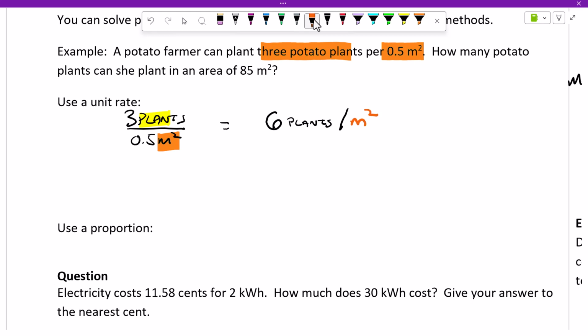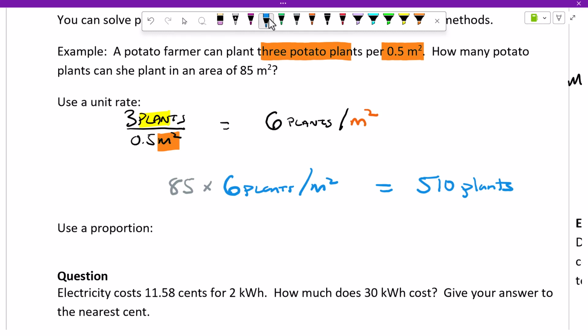If you have 6 plants in 1, so you go 85 times 6 plants per square meter. How many plants do we get? 510. You multiply those two numbers together, right?